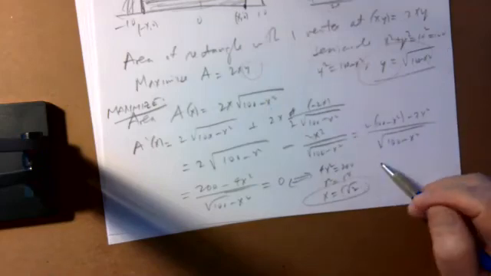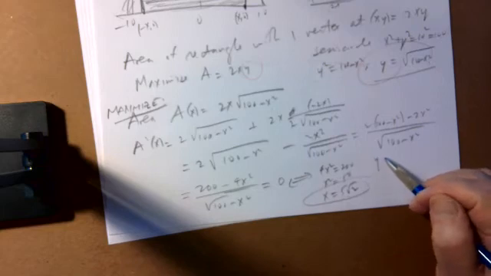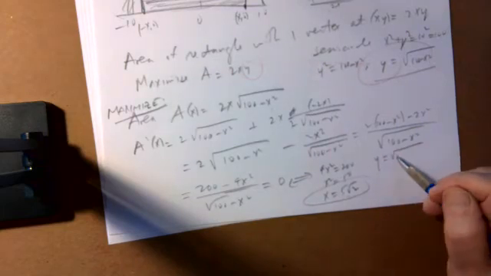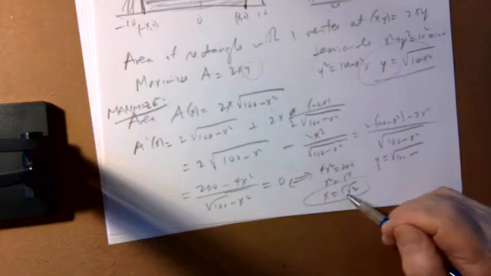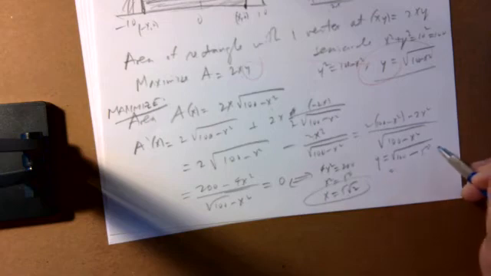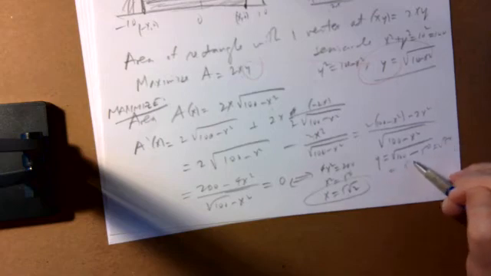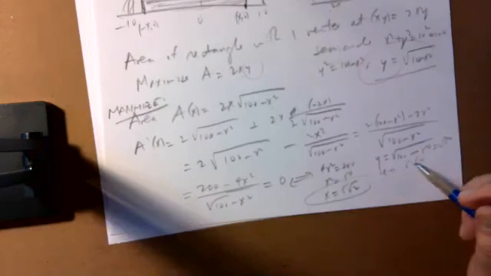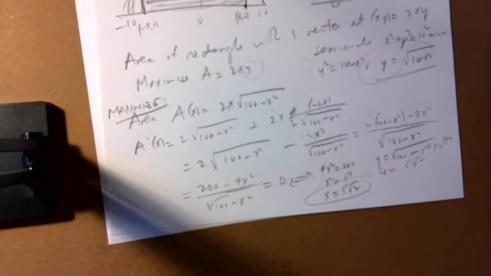And when x is 5 root 2, what is y? Y is the square root of 100 minus x squared, 50, which is again square root of 50, or 5 root 2. So you get the maximum area when x and y both equal 5 root 2.